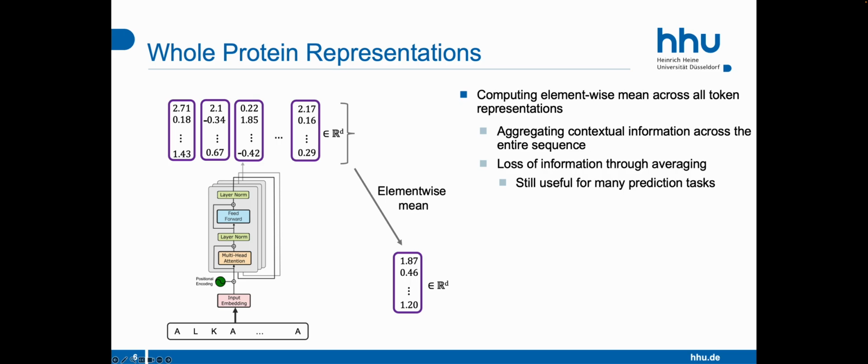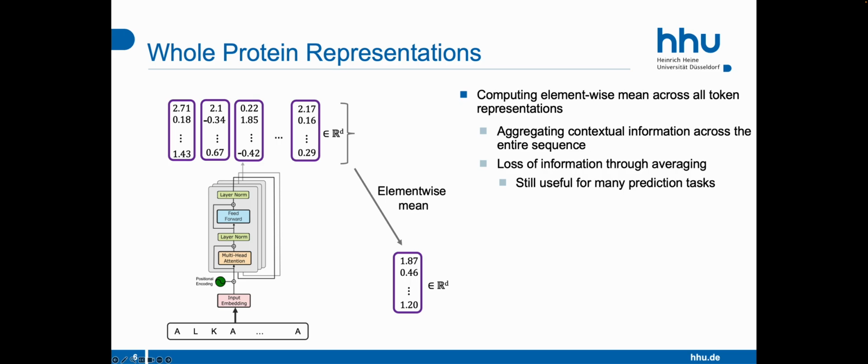However, despite this loss of detailed information, averaged representations can still be effective for many applications, for prediction tasks that require the understanding of general protein properties such as their overall function, family classification, or properties that are distributed across the entire sequence.